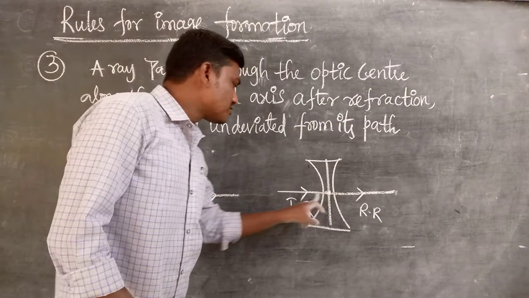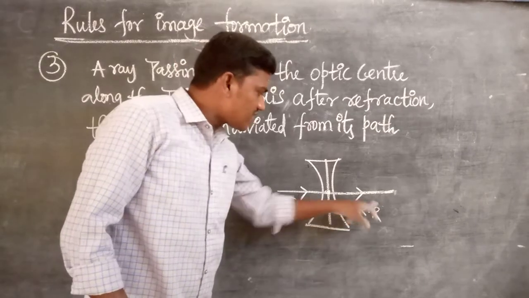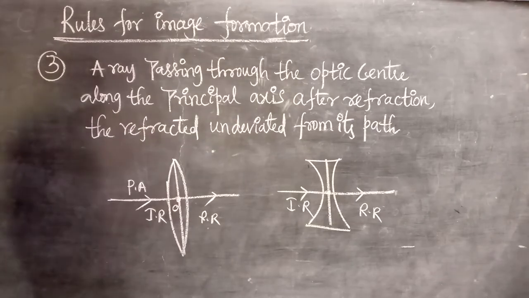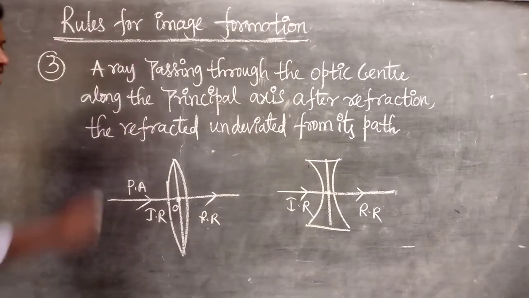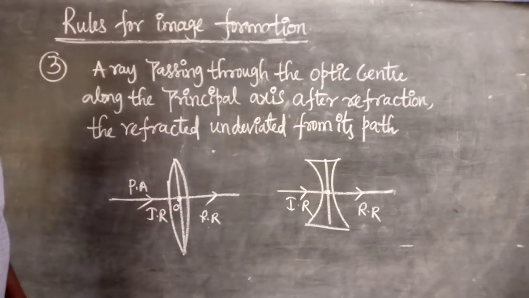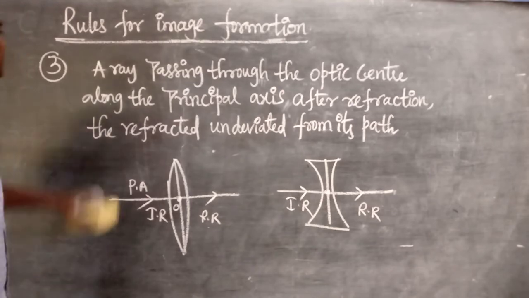The incident ray is passing through the principal axis, and the refracted ray is also passing through the principal axis, which is nothing but undeviated from its path. Why? Because the incident ray falls onto the refracting surface, either in case of convex or concave, as if it falls normally.